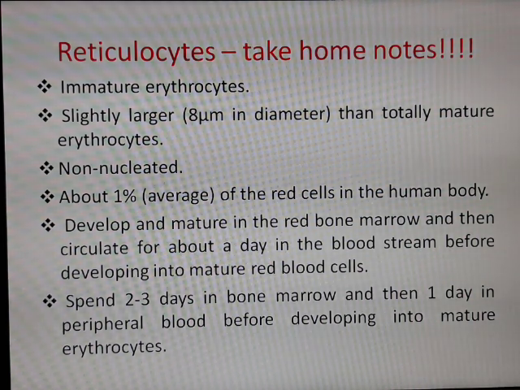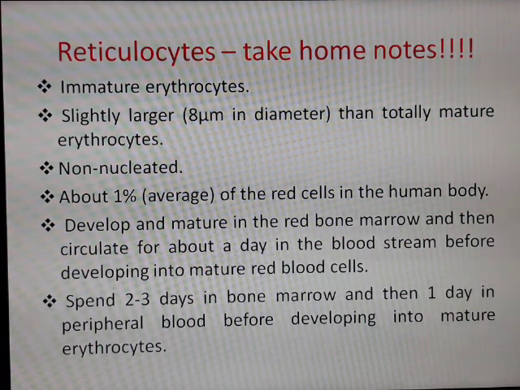The reticulocytes develop and mature in the red bone marrow and then circulate for about a day in the bloodstream before developing into mature red blood cells. That is also why the reticulocyte response, as I have previously mentioned, increases the number of reticulocytes when the red bone marrow is functioning normally.